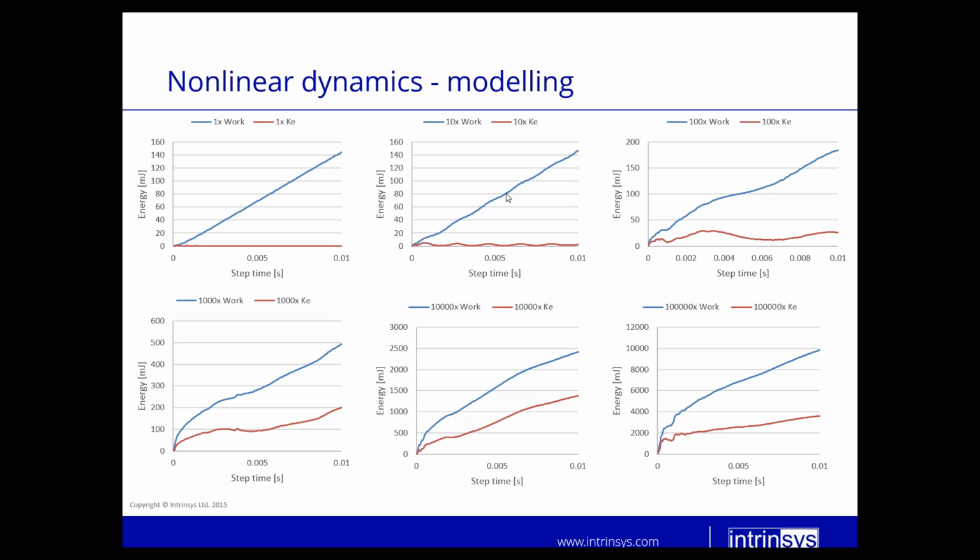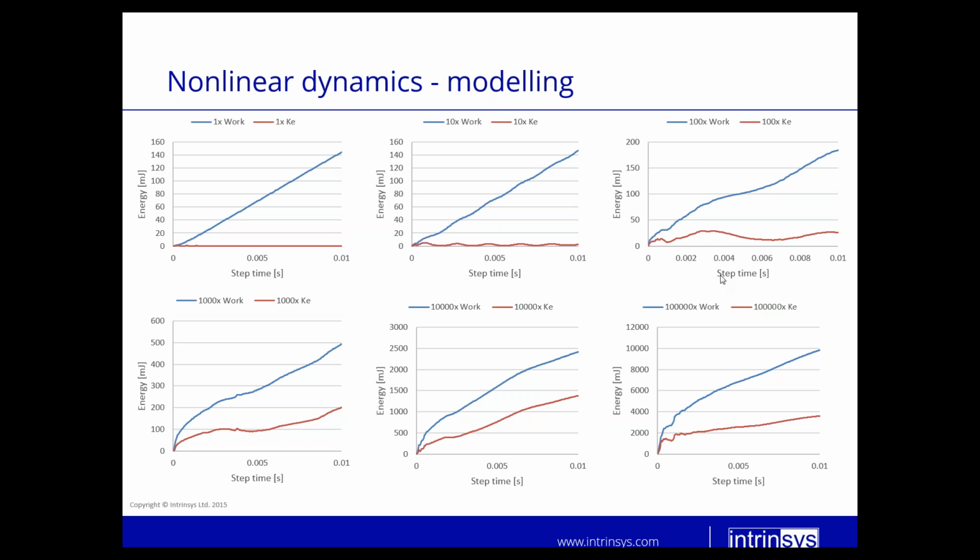This time I used mass scaling actually to increase the time increment. So because there's a square root in the equation, 10 times time increment increase translates into 100 times mass increase. But as we see, this increase in kinetic energy is still negligible compared to the work.